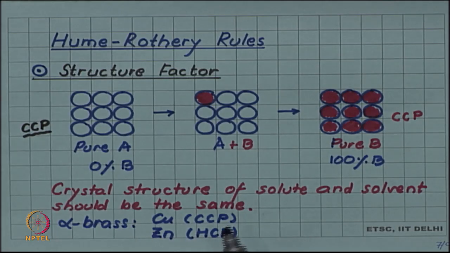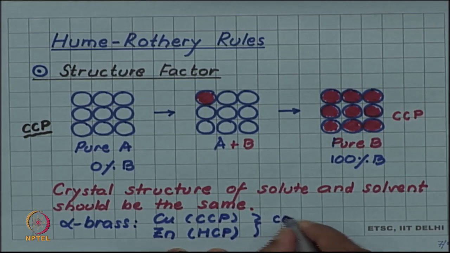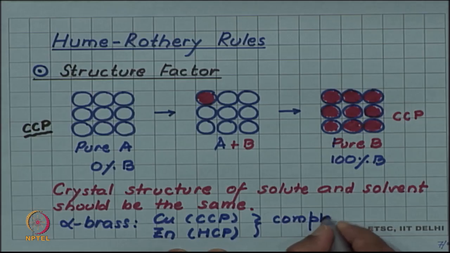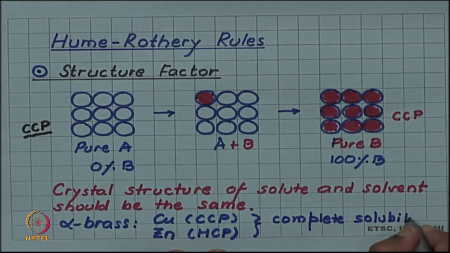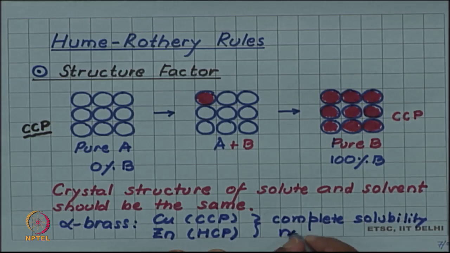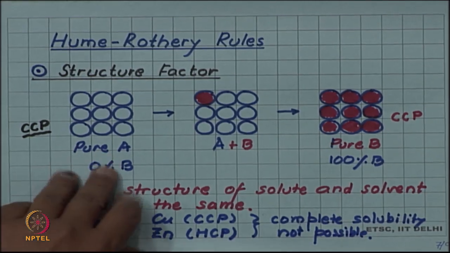Otherwise, if I start replacing copper one by one with zinc, then finally I will end up with cubic close packed zinc, but the zinc structure is hexagonal close packed. So, complete solid solubility is not possible.